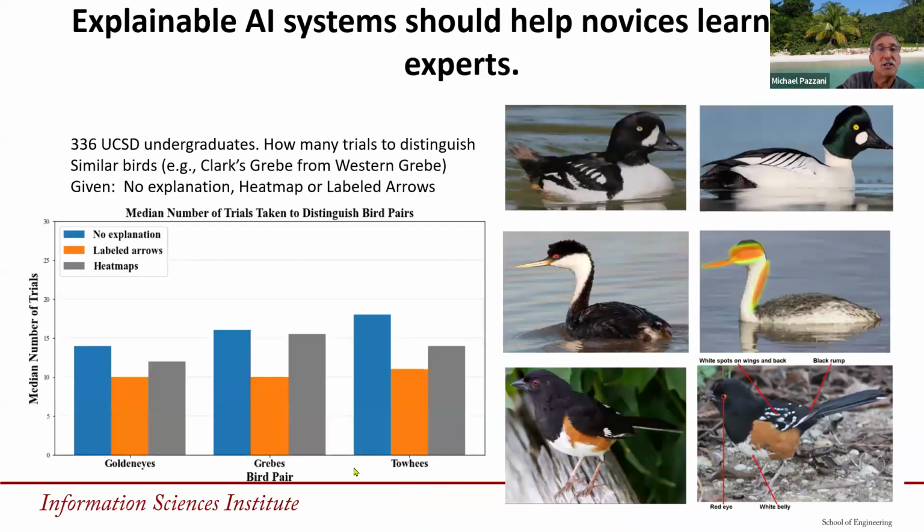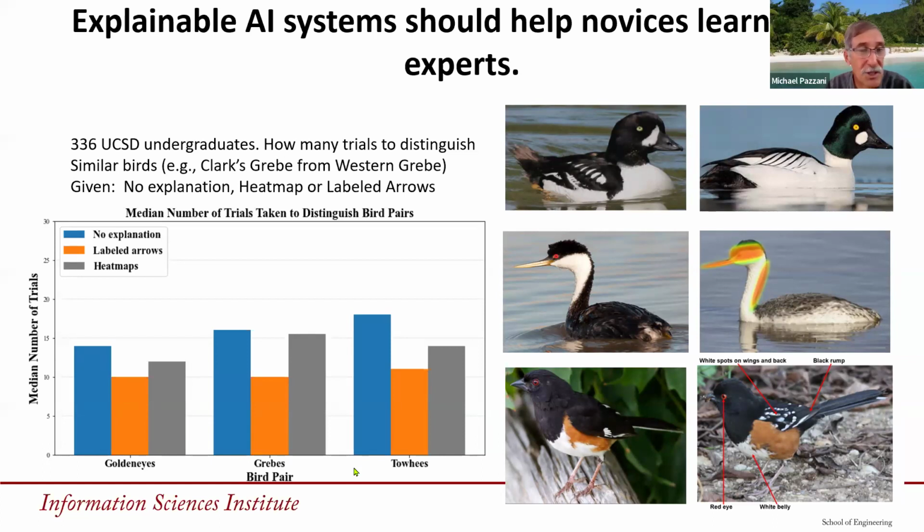We also asked undergrads how to identify different types of birds. So on the top of the rightmost one is a common goldeneye. The one next to it is a Barrow's goldeneye. And that face patch is a little different. In some cases, they got no explanation, like in the top. In some cases, other students got these heat map explanations, and other students got the labeled arrows.